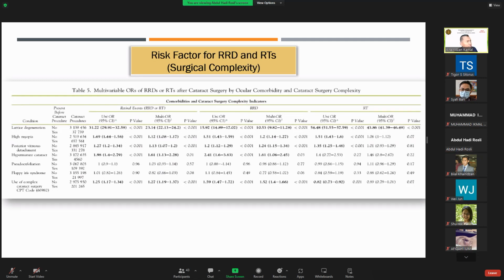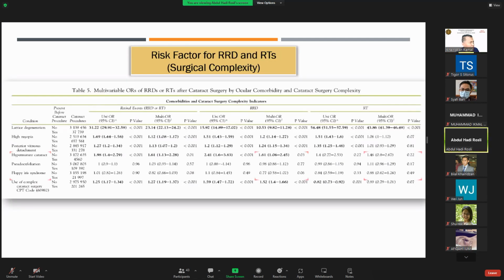That is important for those of us practicing lens exchange, meaning the patient is 6/6 with glasses, and then we offer cataract surgery. So high myopia is actually a high risk factor. According to this, the risk is higher, 1.5 already, for high myopia.